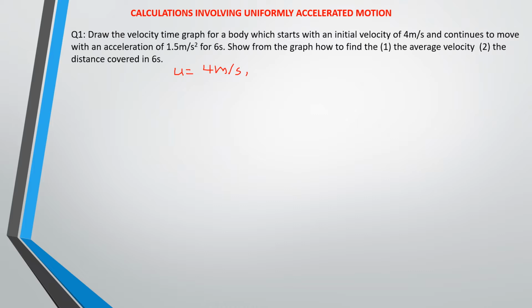You are also given that acceleration is equal to 1.5 meters per second squared, and then time for the acceleration is given to be 6 seconds. So here you are asked to draw the graph.